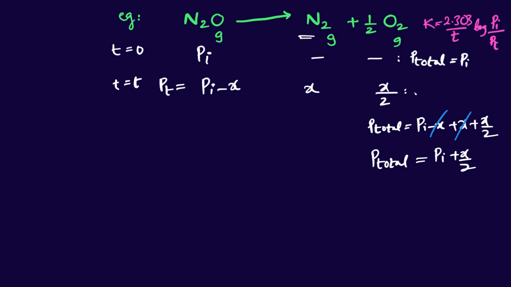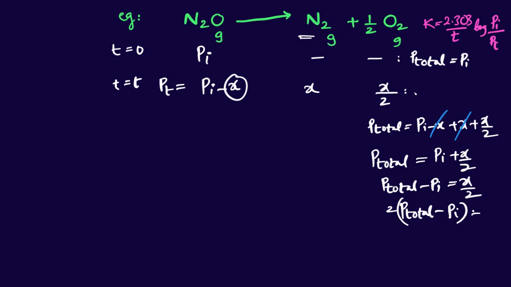Now we have to get x value to place in this one. Therefore, P total minus Pi is equal to x by 2. Then 2P total minus Pi is equal to x. Now we got x. Place into this equation. Pressure at T time is equal to Pi minus x.